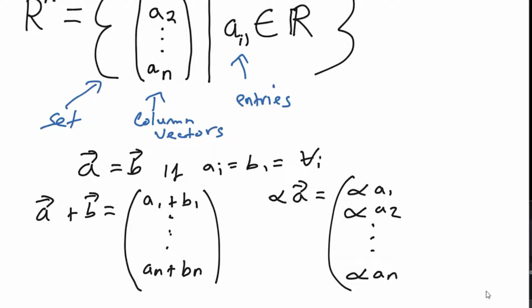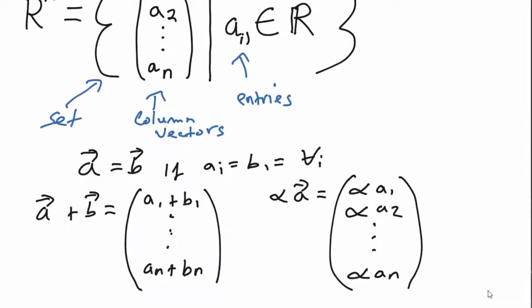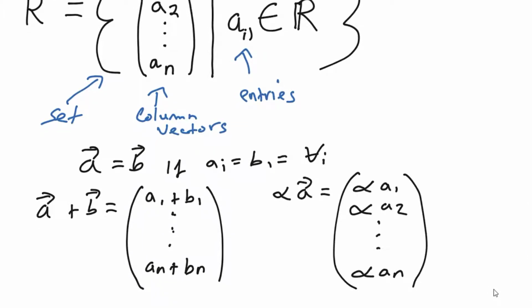Remember here that the scalars come from R, the R field. So think about it a little bit, because now we have some structure, we have now some object that can be multiplied and added, and that is what makes this a vector space, Rn that is.